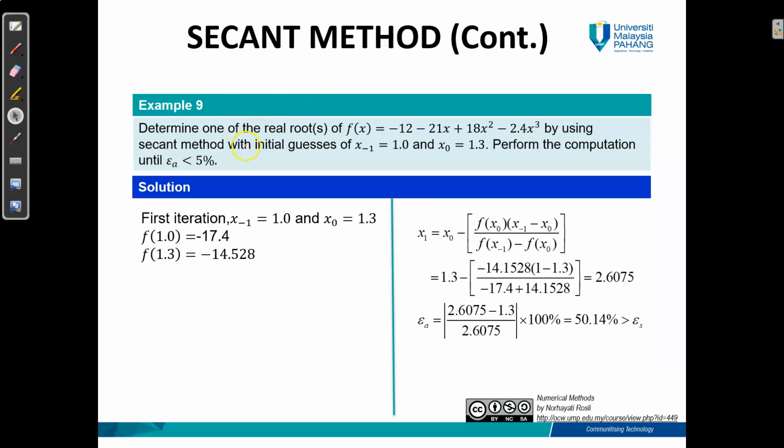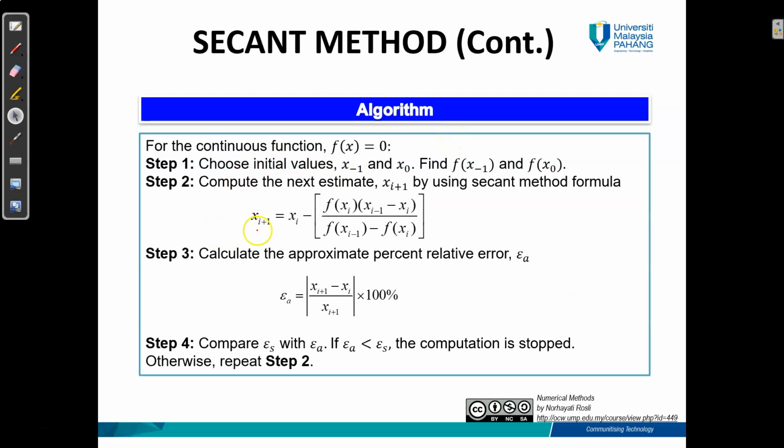Class, for this example, we determine one real root of f(x) equal to this function by using the secant method with initial guesses. If you see here, you need two initial guesses, x minus 1 and also x naught. Why? Because based on this formula, we have xi plus 1 equal to this formula when i equals 0. Let's say here i equals 0.